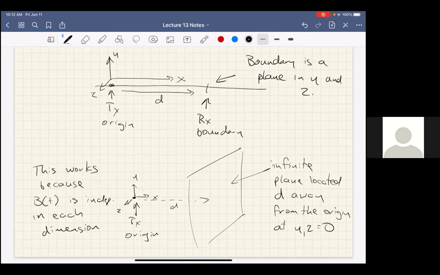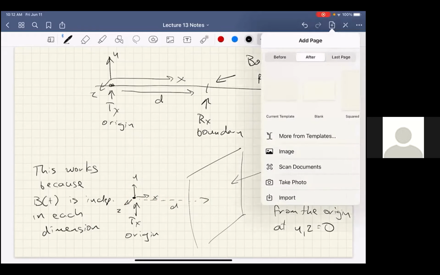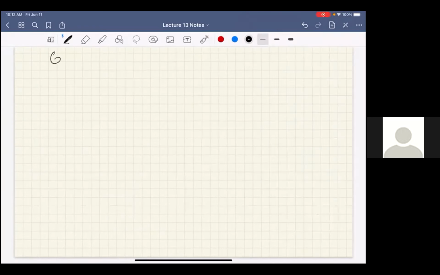But now we're going to do something a little different. We're going to generalize this to spatial modulation schemes.